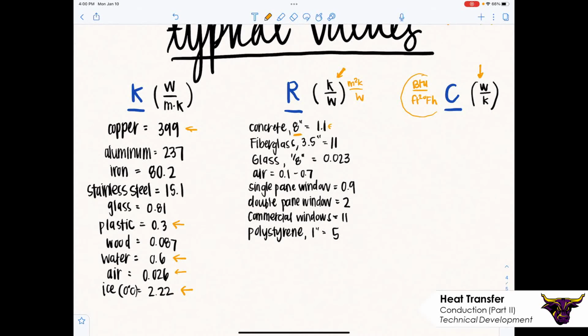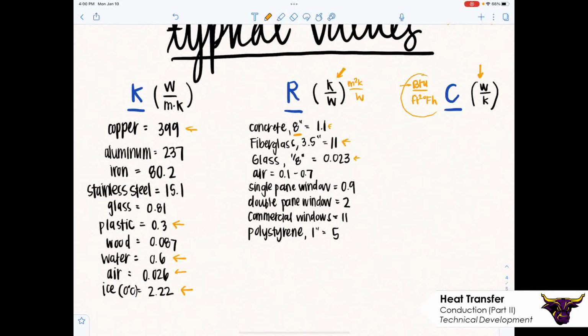So that's only 1 over 1.1. Right around 1, basically. Whereas if we do 1 over 11 for fiberglass, we're losing a lot less heat. We're losing a lot less BTU per hour for that square foot for every degree Fahrenheit of difference.